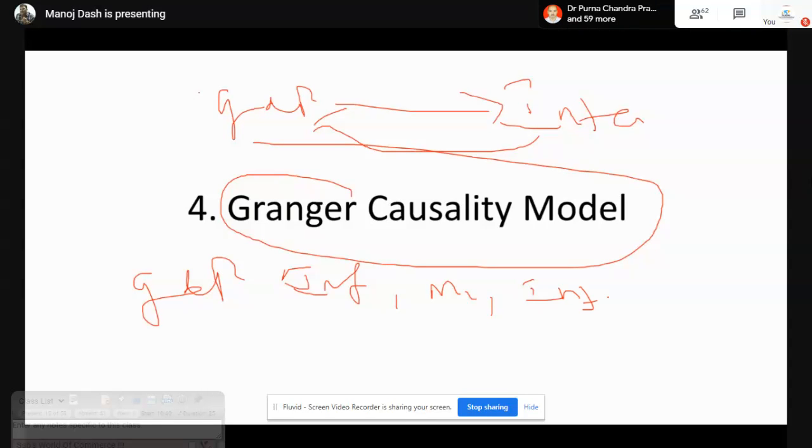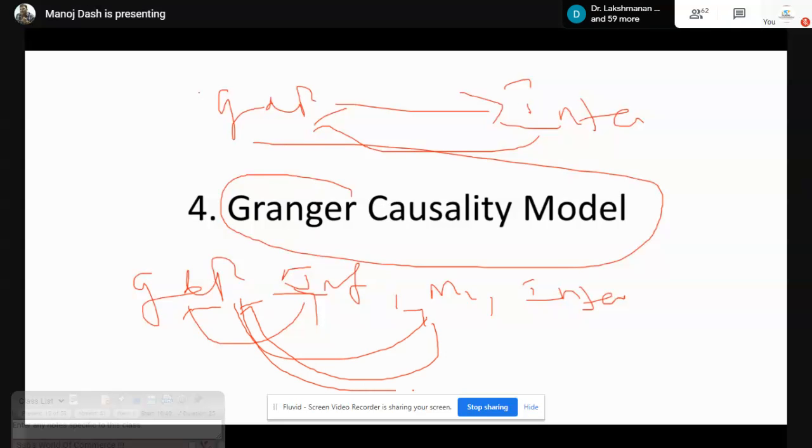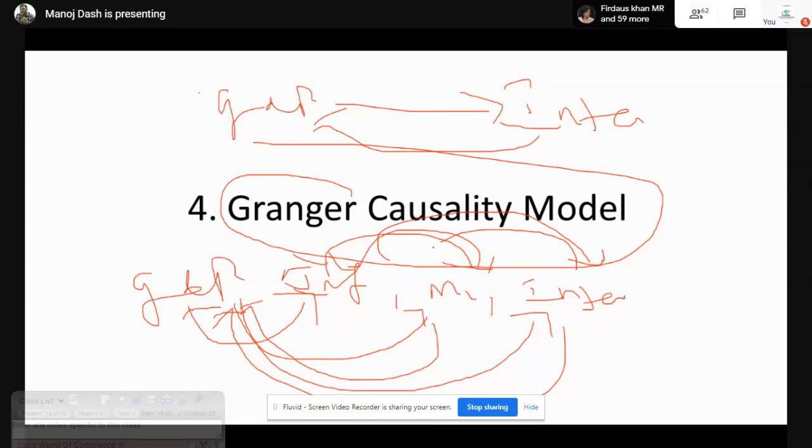Clear? I want to know which causes which: whether GDP causes inflation or inflation causes GDP; money supply causes GDP; GDP causes interest rate or interest rate causes GDP; inflation causes money supply or money supply causes inflation. All these different types of relationships I want to measure through this test.